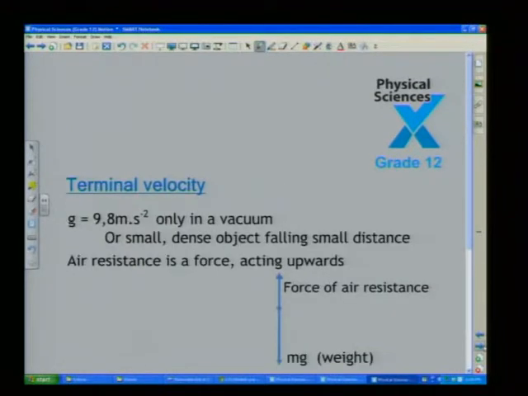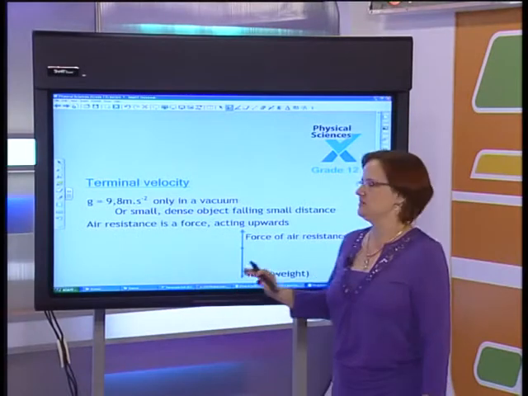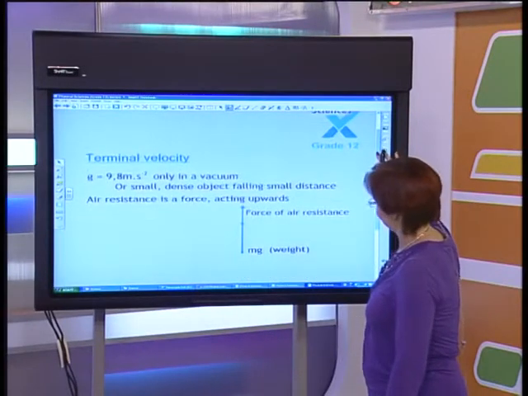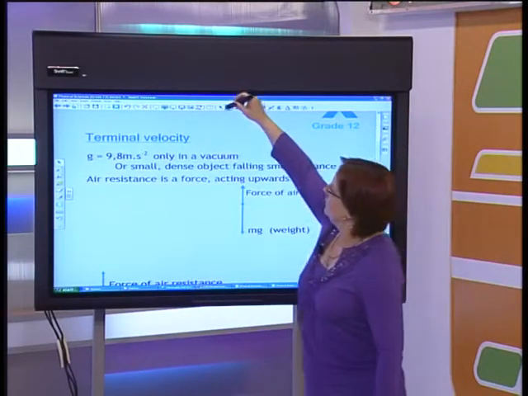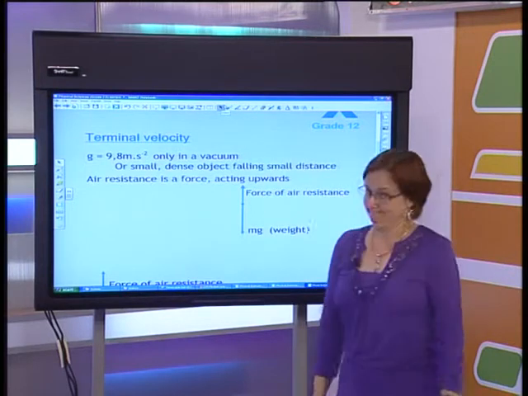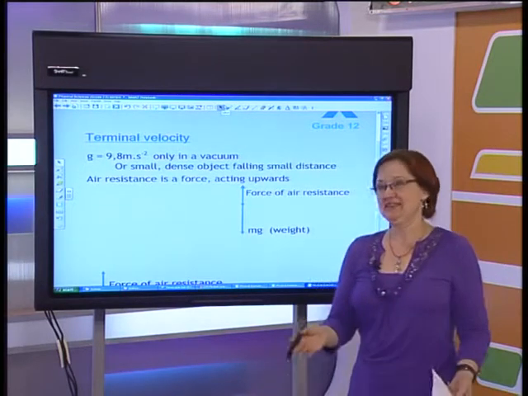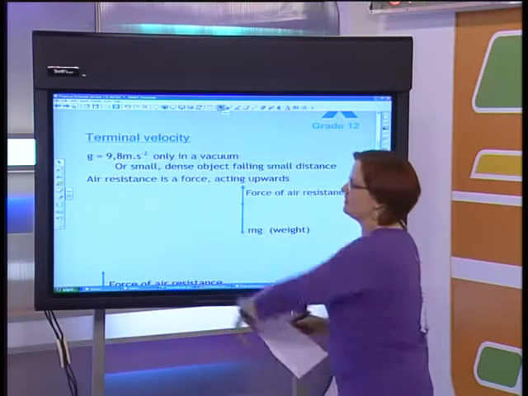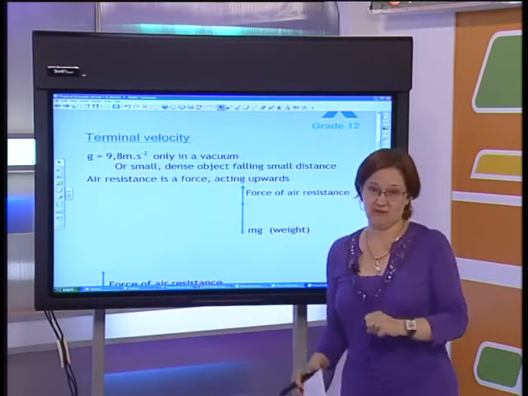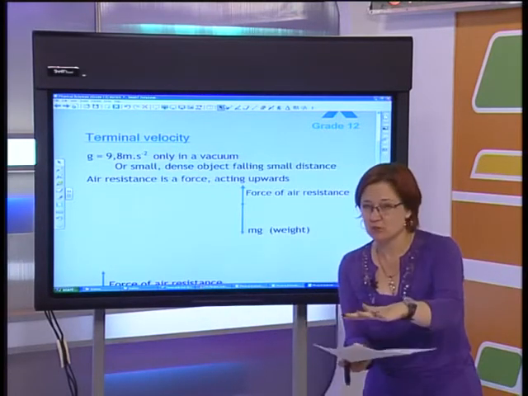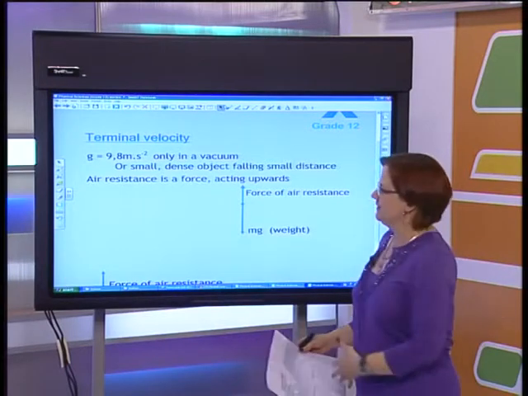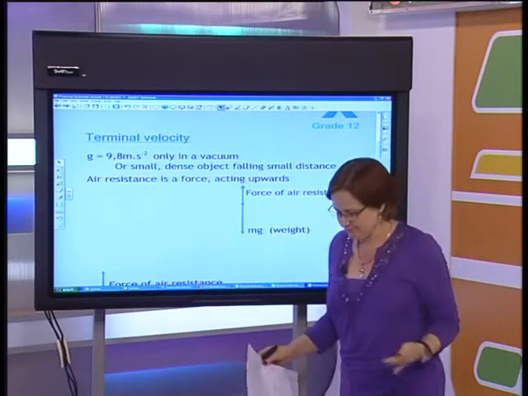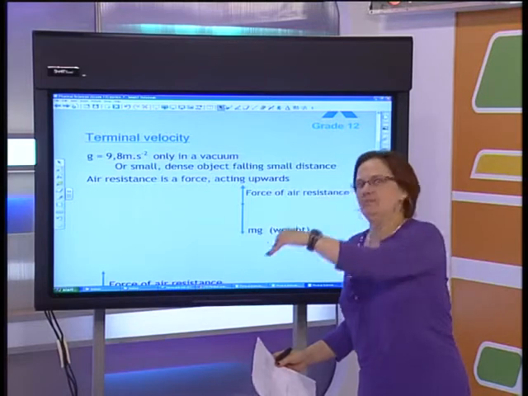Now, that brings us to a fun concept called terminal velocity, okay? Now, we can get it with air resistance. Sorry, 9.8 is only in a vacuum, okay, or for small objects covering small distances, which is what we sort of do. But think about those people who like to jump out of aeroplanes.